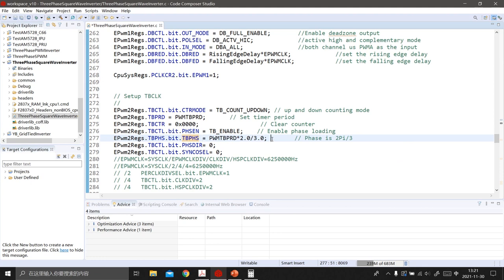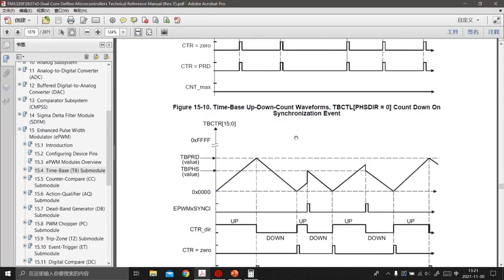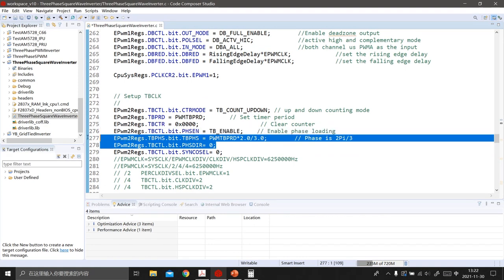So it's 120 degrees. The PHSDIR flag is set to 0. So according to our manual, if PHSDIR is set to 0, the counter will be counting down after the TBPHS is loaded. So considering these two lines of code, the phase difference between EPWM2 and EPWM1 is 120 degrees.